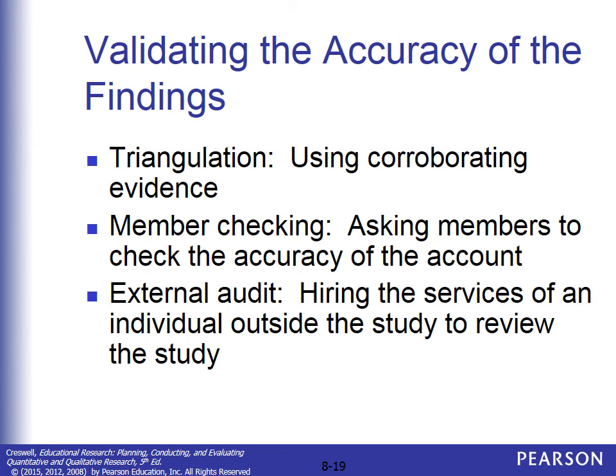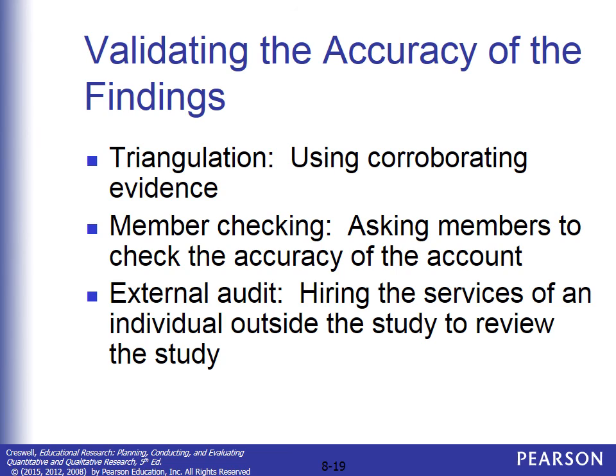Researchers can address confirmability, the qualitative counterpart to bias, by admitting biases and assumptions and acknowledging limitations in the study's methods. But rather than using terms that represent a counterpart to quantitative research validity and reliability, other approaches for qualitative research are unique to qualitative analysis. And I'm going to talk about those 3 right now.